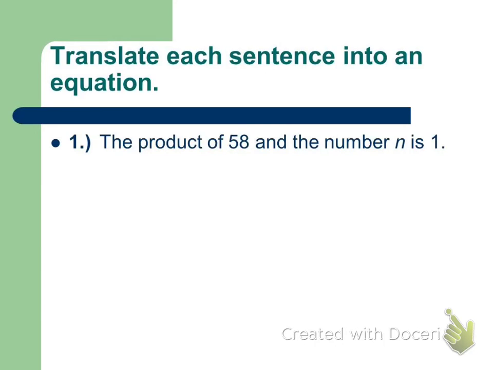At first we multiply, okay, so you're thinking ahead. So we multiply 58 and our number n. You can use parentheses, you can use a dot, you can just put them right next to each other. The word is means we put what symbol? Equals 1.